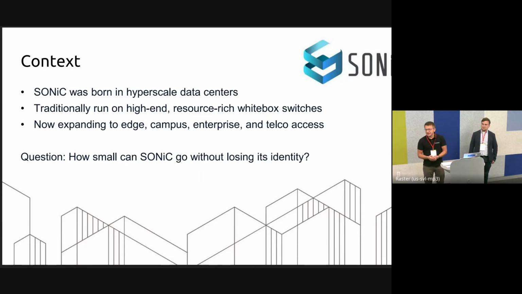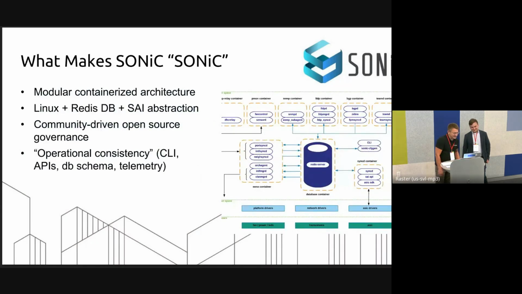Well, to answer that, we need to remind ourselves what actually defines SONiC. At a high level, SONiC is more than just a Linux distribution with some networking daemons. It's a model, a way of structuring a switch operating system.